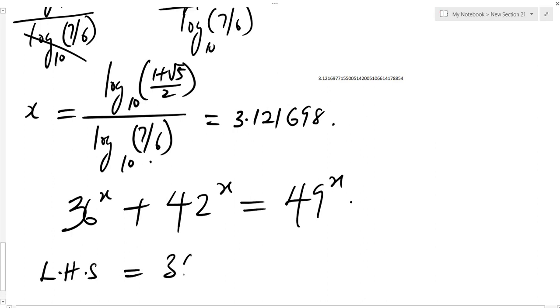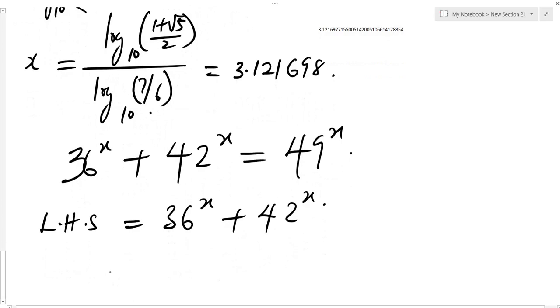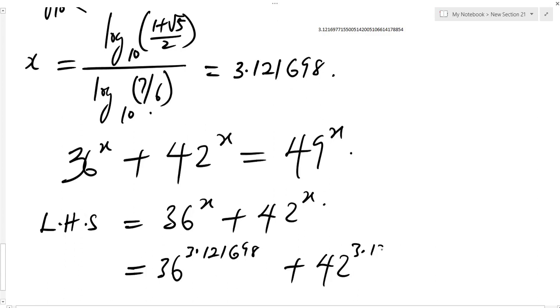You have 36 to the power of x plus 42 to the power of x. Substituting the value of x we got, let's go back to the calculator, you have 36 raised to the power 3.121698 plus 42 to the power 3.121698.